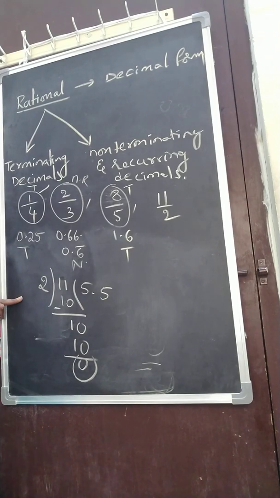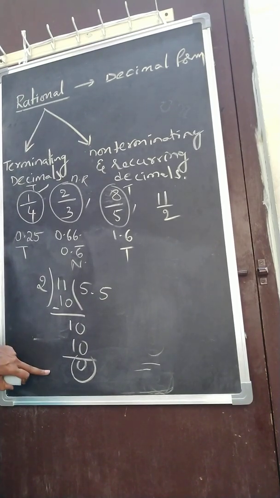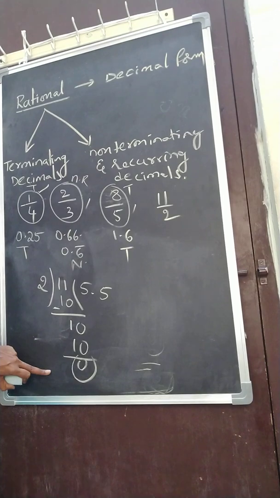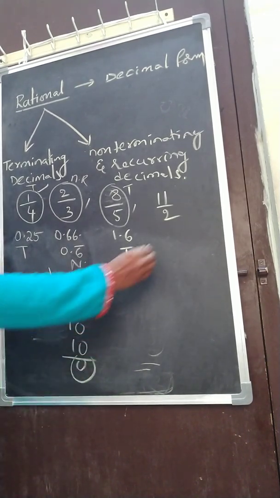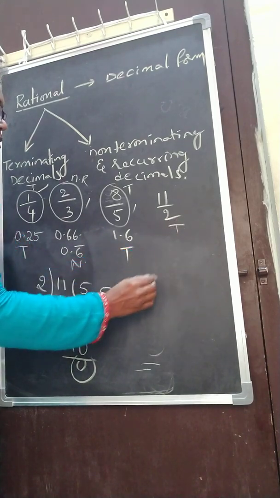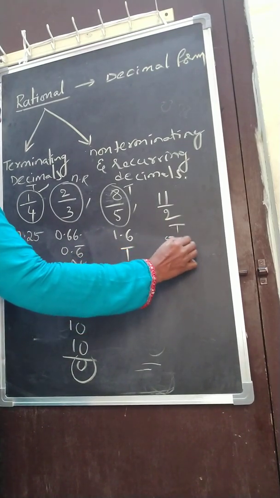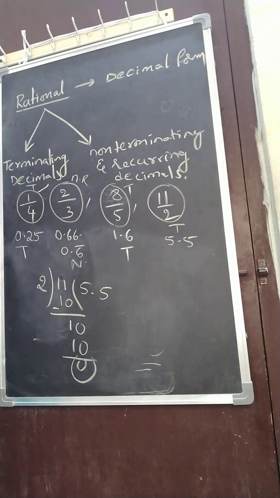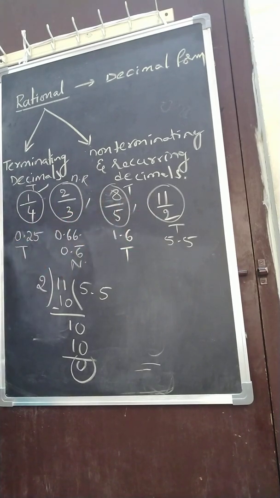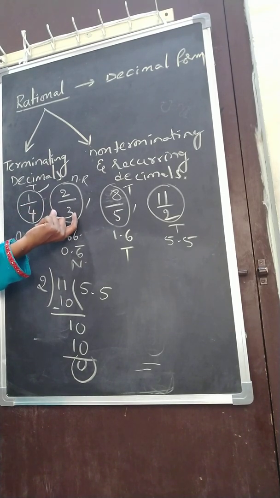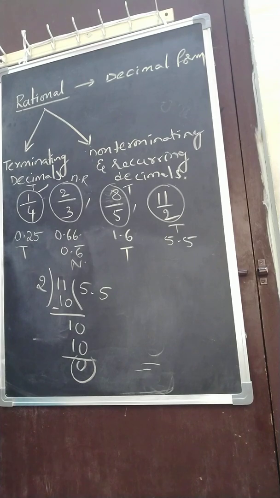The remainder here is 0. Therefore, it is a terminating decimal. The value is 5.5. So, these three, 1 by 4, 8 by 5, 11 by 2, are terminating decimals. 2 by 3 is non-terminating and it is a repeating decimal.